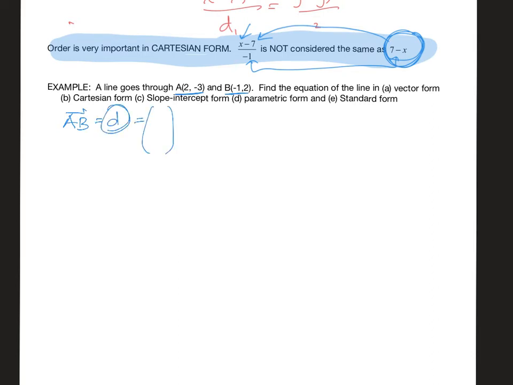If you remember, to find a vector from A to B, you just do head minus tail. In this case, B minus A is -3, and B minus A is 5.